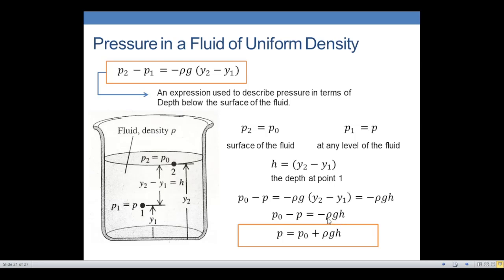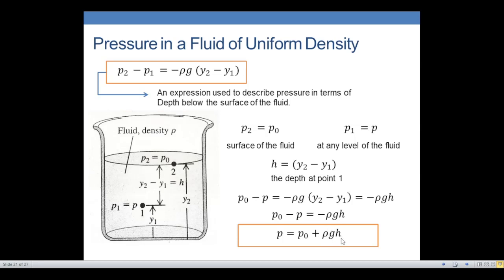So, if we're going to rearrange the equation, we will arrive with pressure is equal to the pressure at the surface of the fluid, plus the product of density, the gravity, and the height. Okay? Now take note that this expression, the rho, gravity, and the height, is actually referring to the weight force.